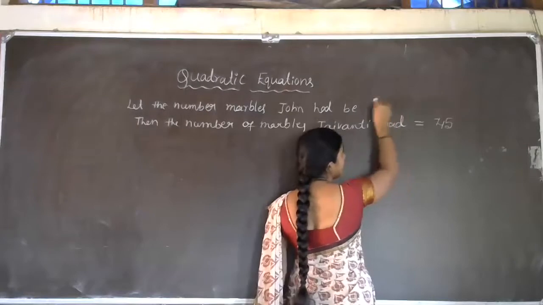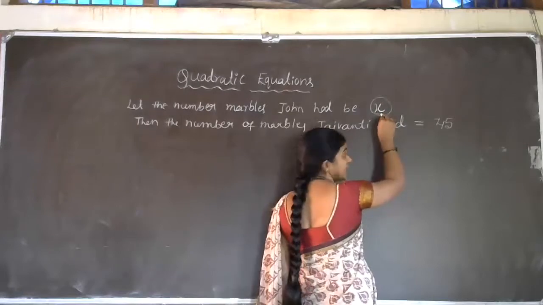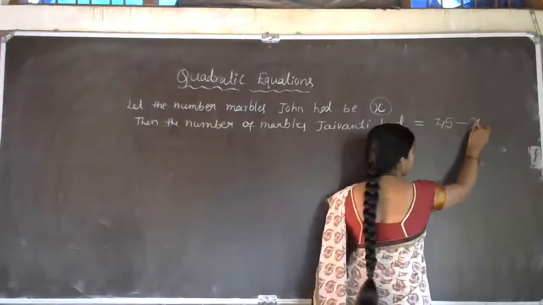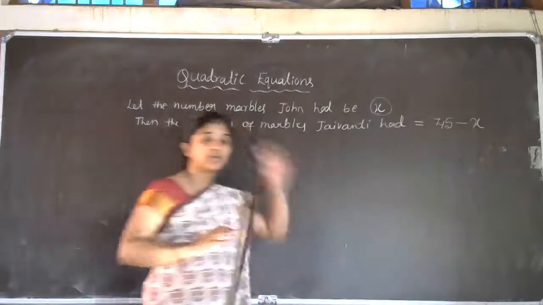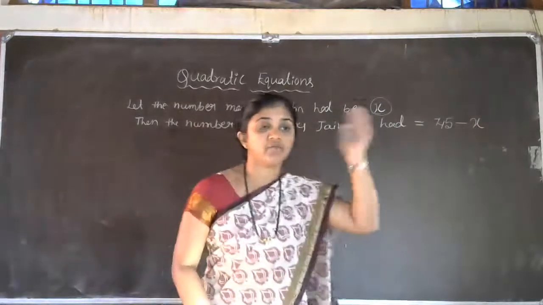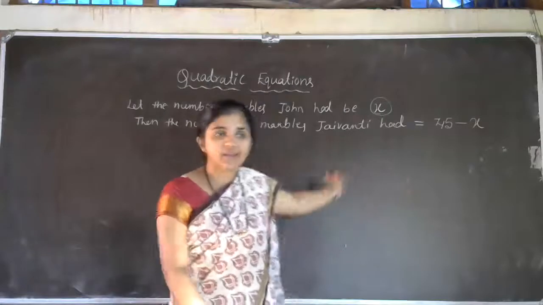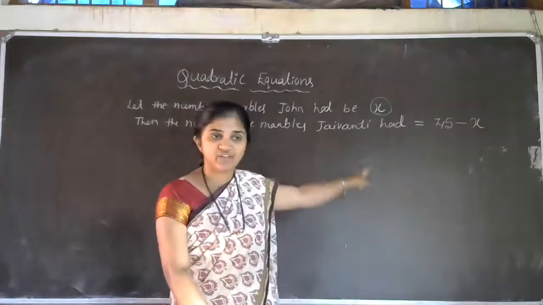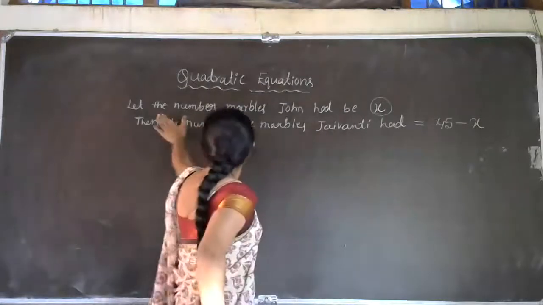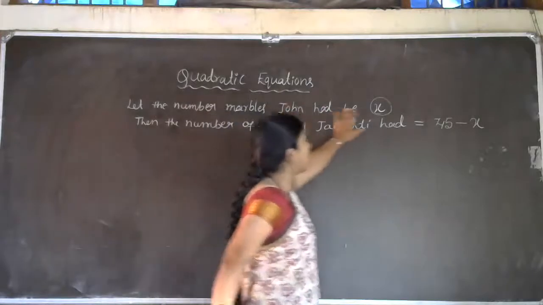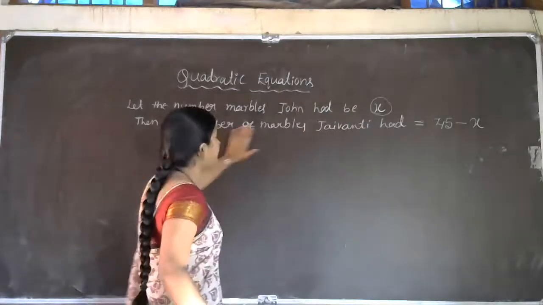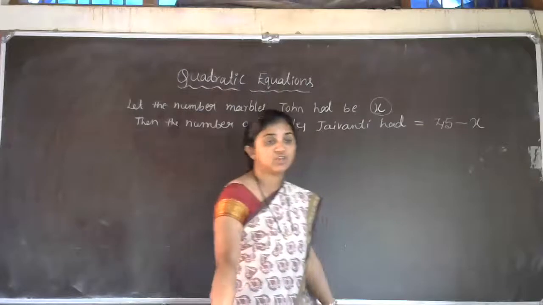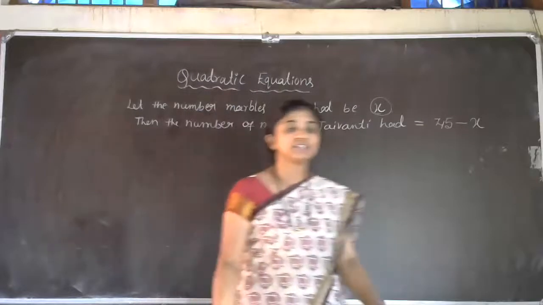In that, the number of marbles with John is x. If we subtract x from the total 45, that is 45 minus x, we'll get the number of marbles with Jaivanti, no? Yes. Now, let the number of marbles John had be x. Then the number of marbles Jaivanti had is equal to 45 minus x.